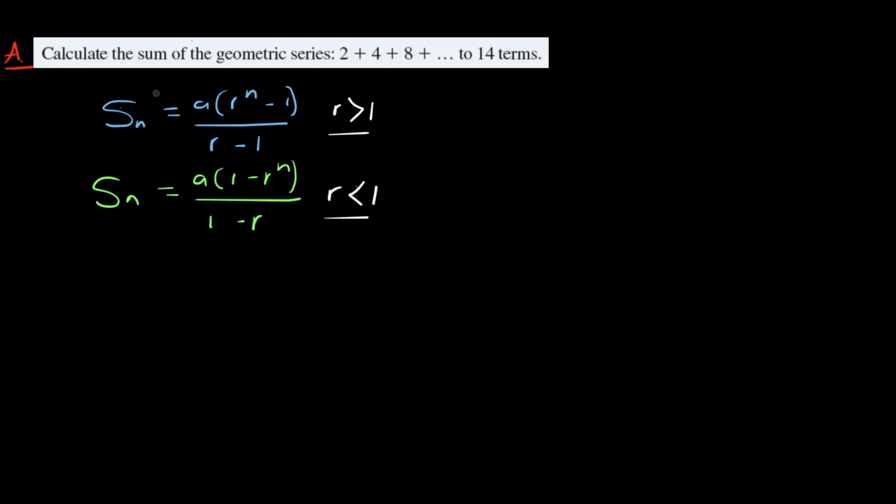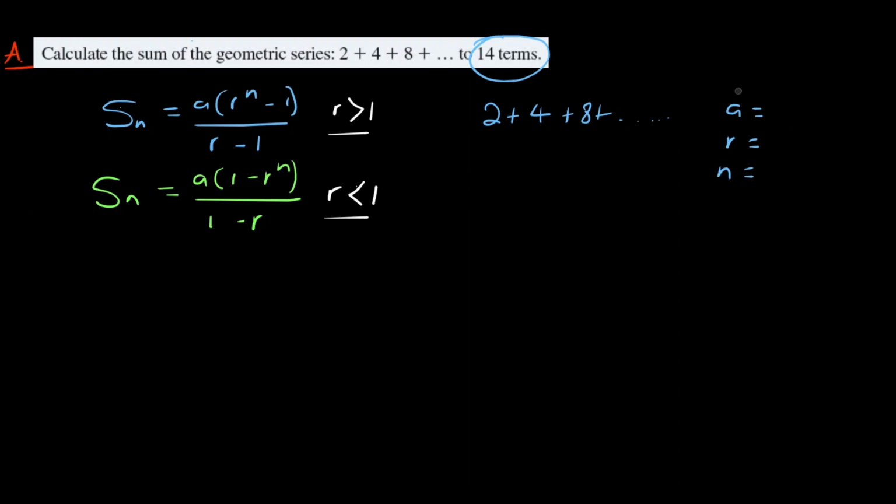So let's consider the example that we're given: to calculate the sum of the geometric series 2, 4, 8, up to 14 terms. So what we need is to determine what our a value is, what our r value is, and we also need to determine what our n value is.